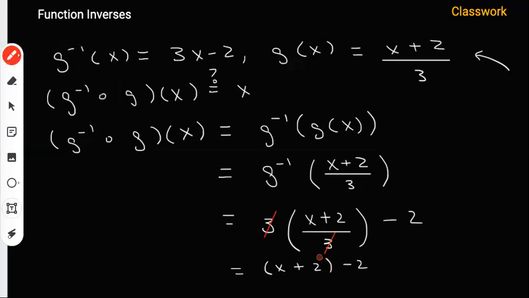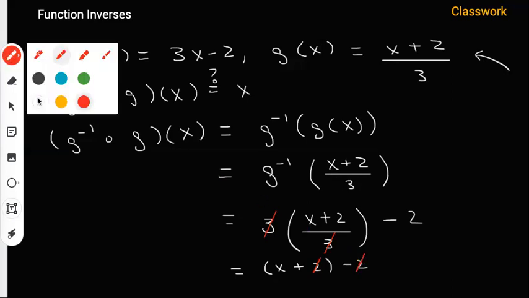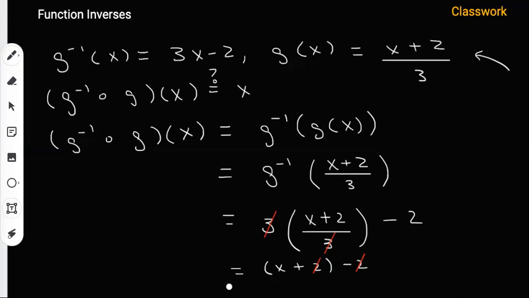So these cancel out, and I'm left with x. Therefore, I get x back. That's great. So now I know that this is true, and I can erase the question mark because it's not in question anymore, right? We know it to be x. So that's how we verify that a function is the inverse of another function.